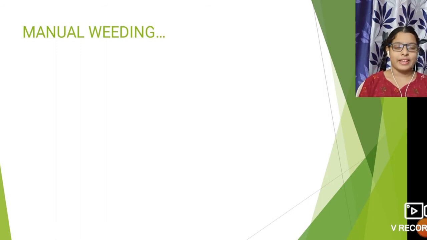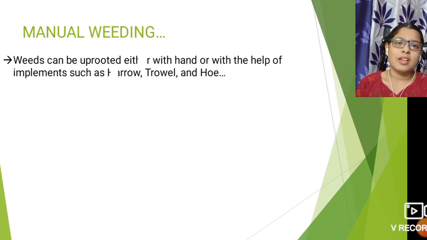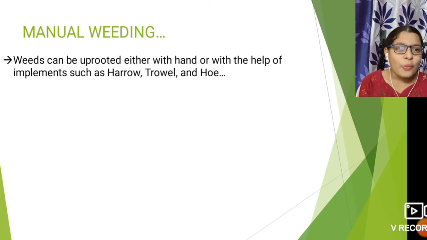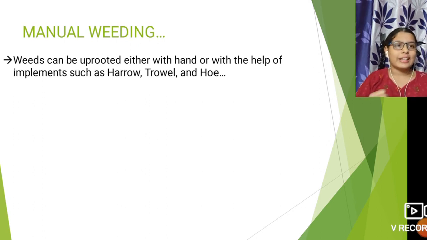Coming to manual weeding, how is manual weeding done? Weeds can be uprooted either by hand or with the help of implements such as the harrow, trowel and hoe. These three are the implements used to cut down weeds.